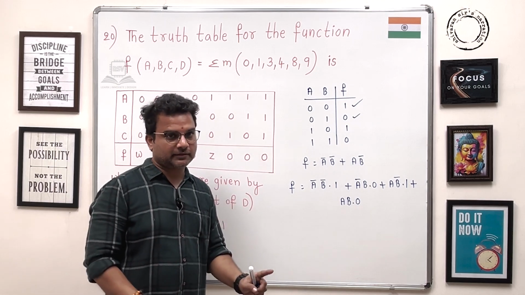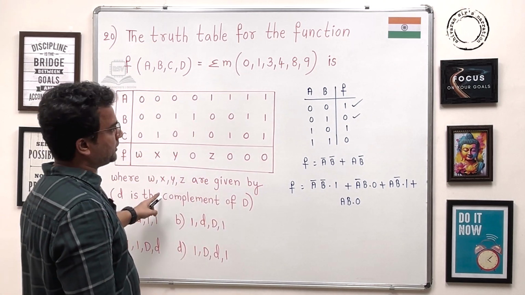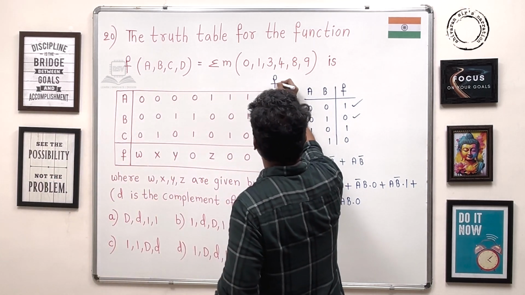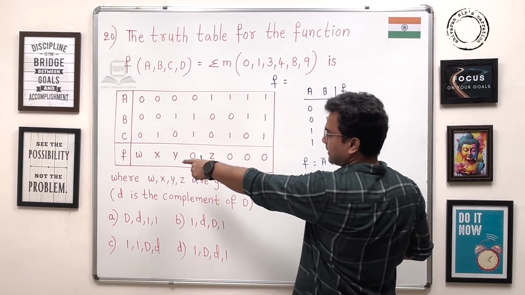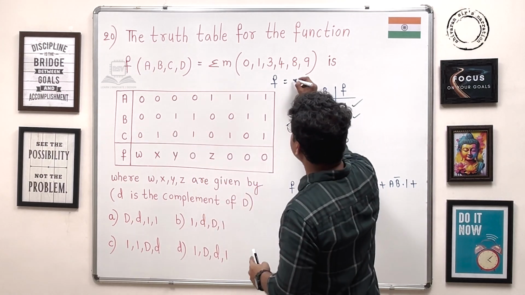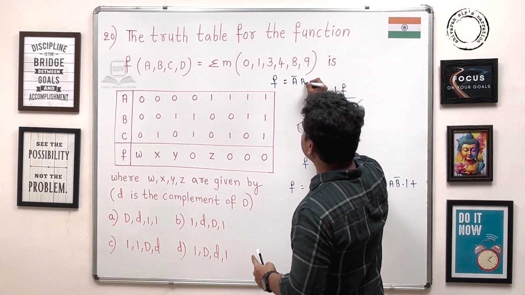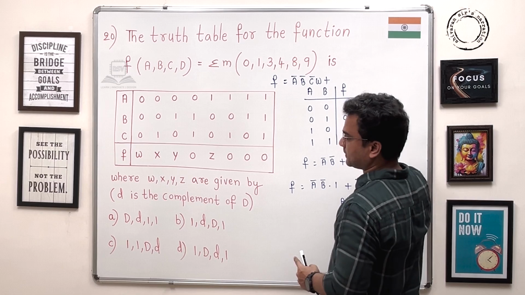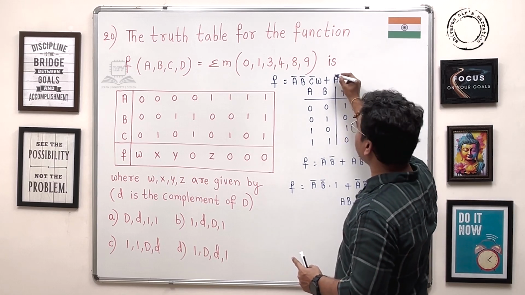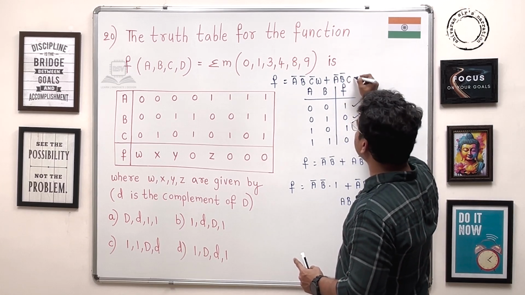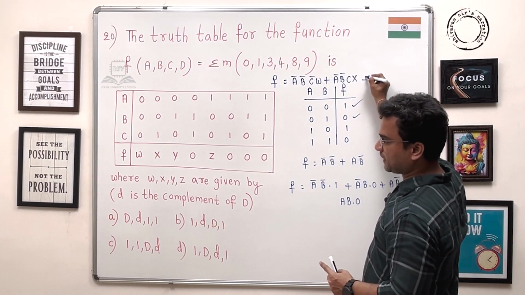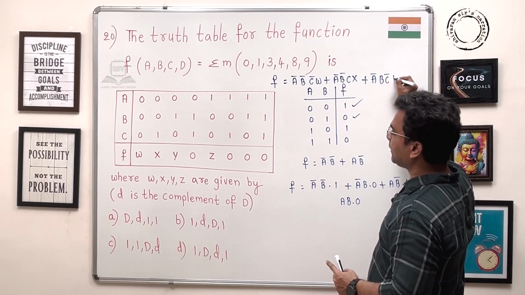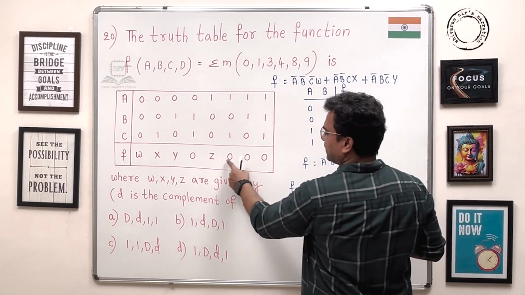As per this, here the expression is f is equal to a bar b bar c bar w plus a bar b bar c x plus a bar b c bar y, and anything into 0 becomes 0 only.